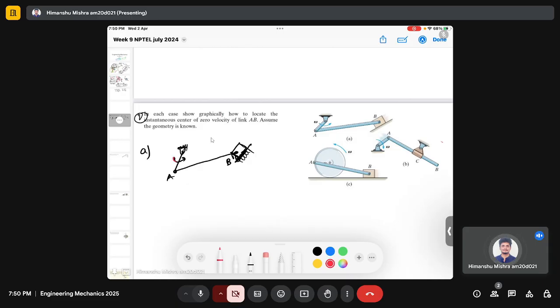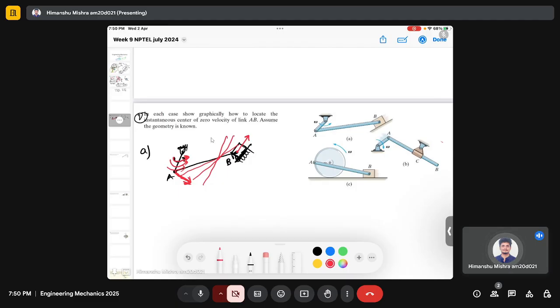So you can see this is rotating in the counterclockwise direction. So you can visualize, as this is rotating in the counterclockwise direction, this point should move in this direction, right? And as this point is moving in this direction, towards a little right, this point should move in the upward right direction, because this is trying to move like this.